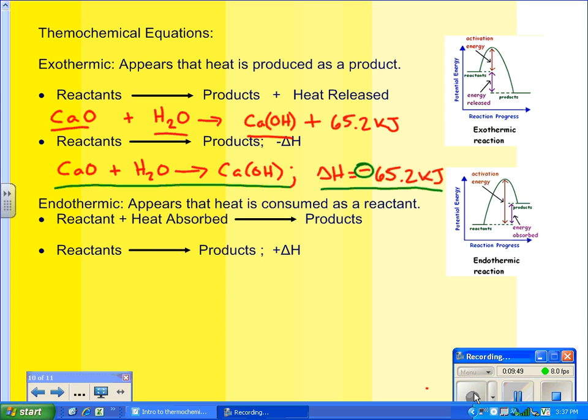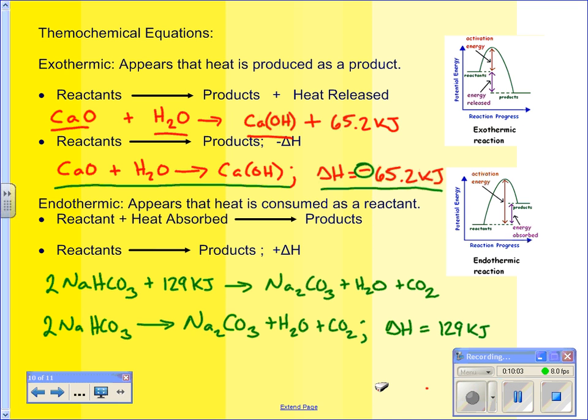For an endothermic reaction, remember, it appears as though heat is really a reactant. It goes into the reaction and then produces the products. So sometimes we write heat as a reactant, as the energy in. An example might look like this. In this reaction, we're looking at the decomposition of sodium bicarbonate, better known as baking soda. It's what makes our bread and cakes rise because it gives off carbon dioxide. But anyways, this is an endothermic reaction.